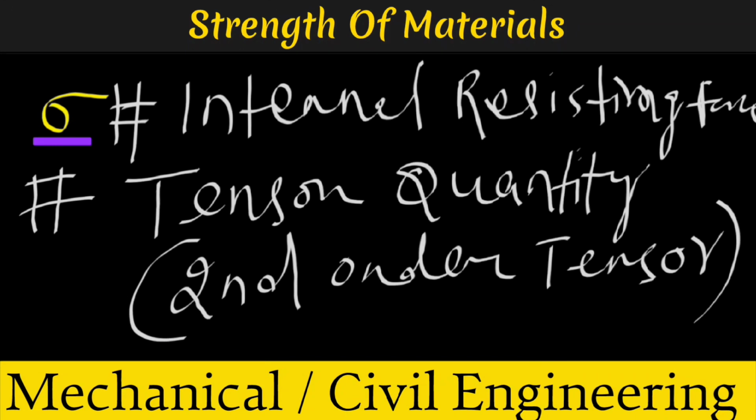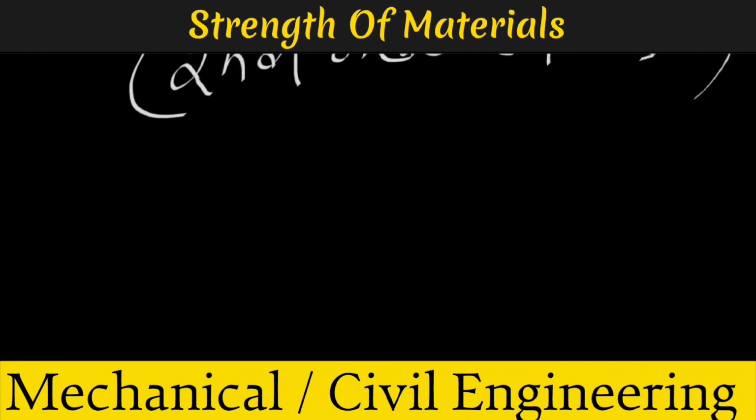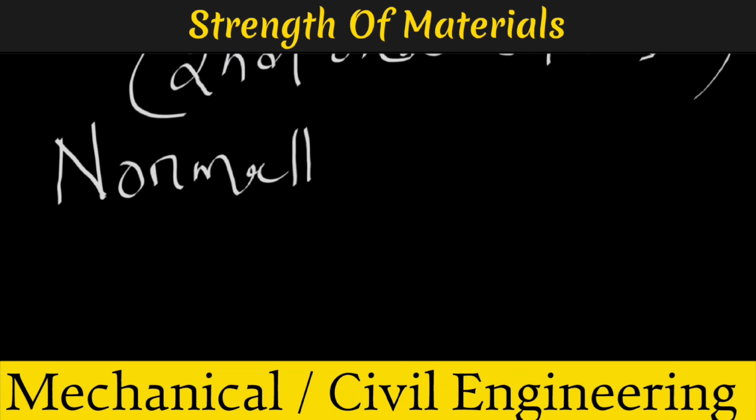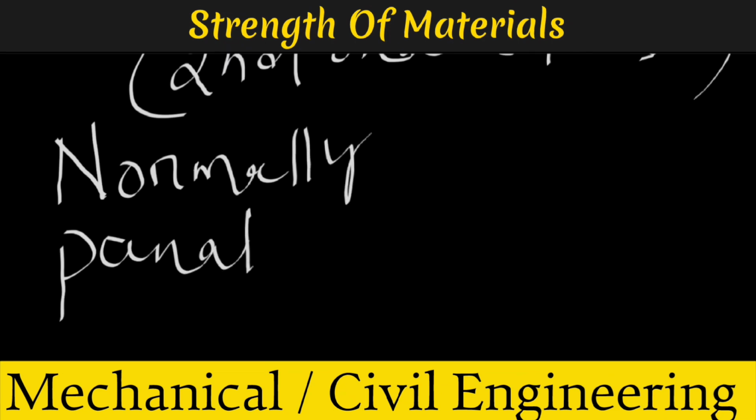Stress is also a tensor quantity. You should remember, and this is the second order tensor. Then next, stress is always acting normally and parallelly. So normal stress is always perpendicular in nature.